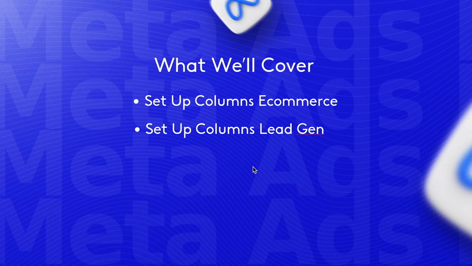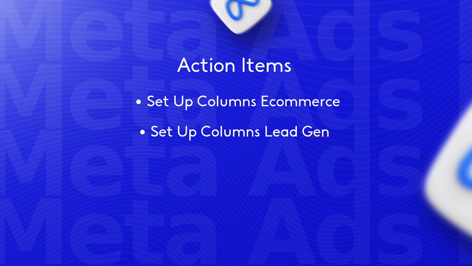So that is pretty much for this lesson. I want to give you a quick summary as well with the action items. We've covered in this lesson how to set up our e-commerce columns, how to set up our lead generation columns, and I've shared with you the most effective way to manage the data by starting at the most important metrics first.